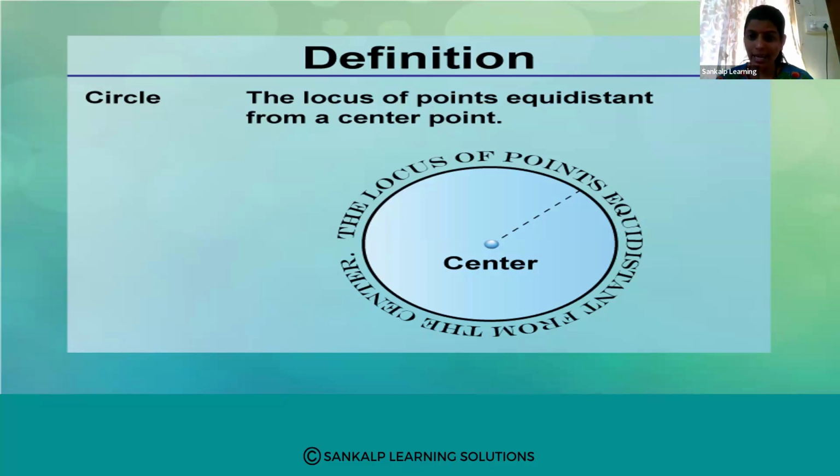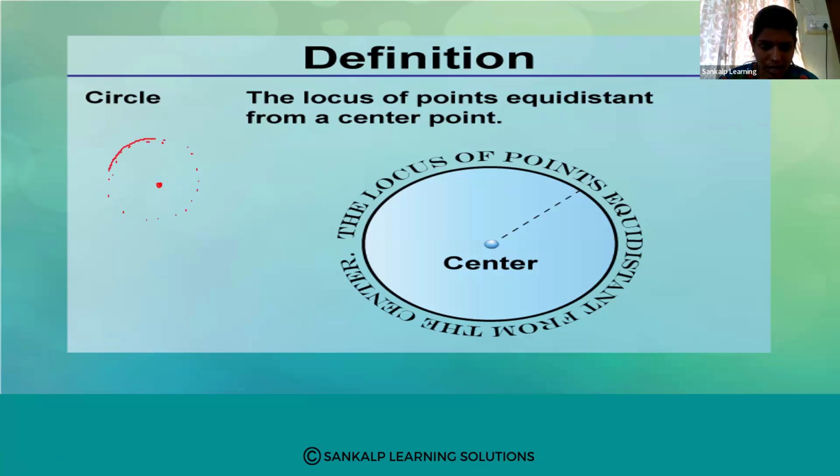That means it is the collection of points from a fixed point. This is the fixed point I am considering. The collection of points from a fixed point, we call it a circle, right?